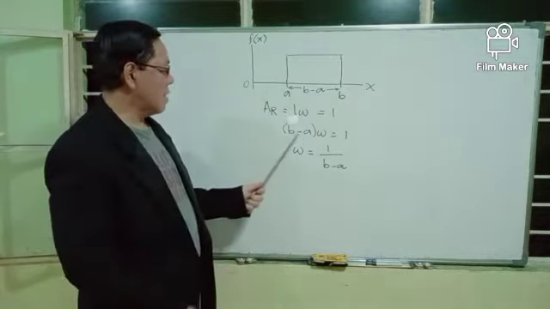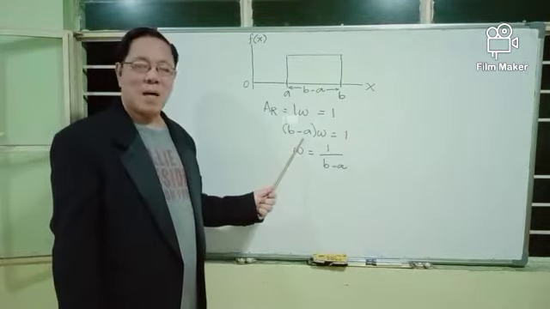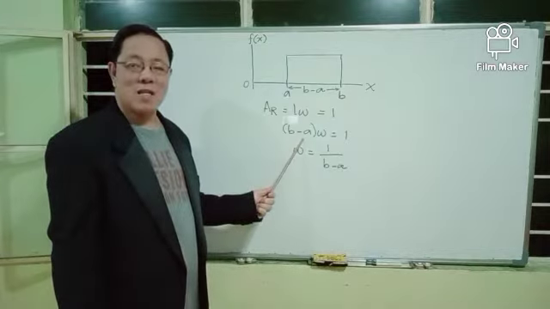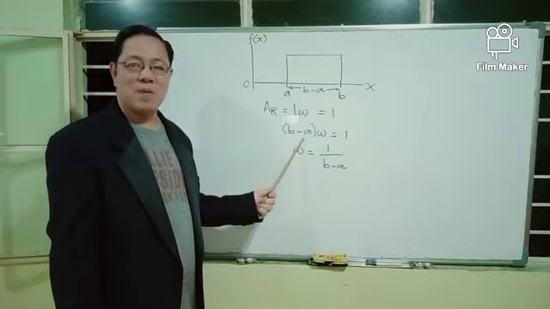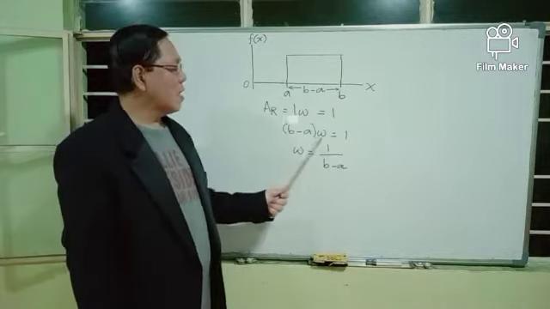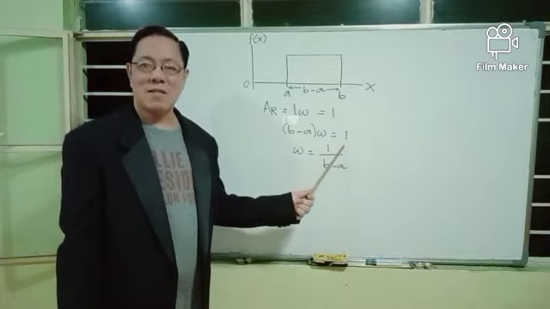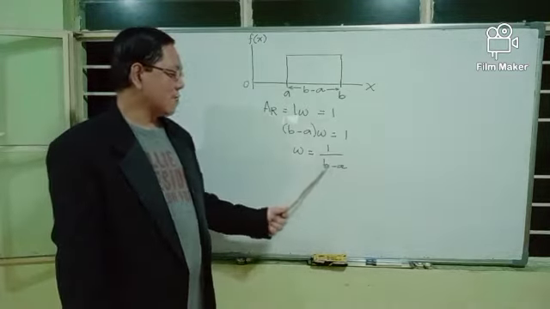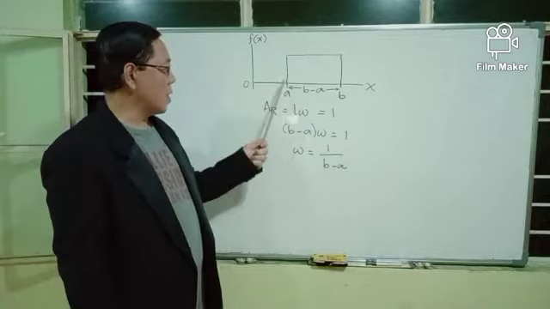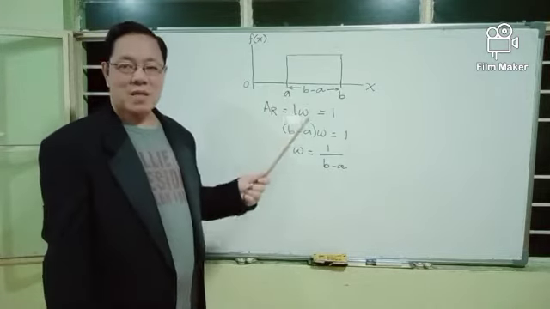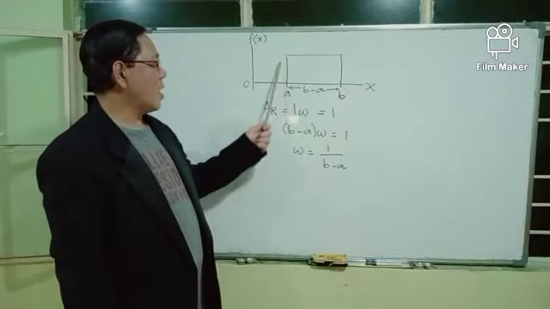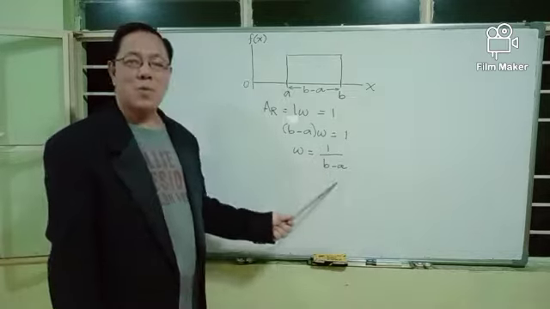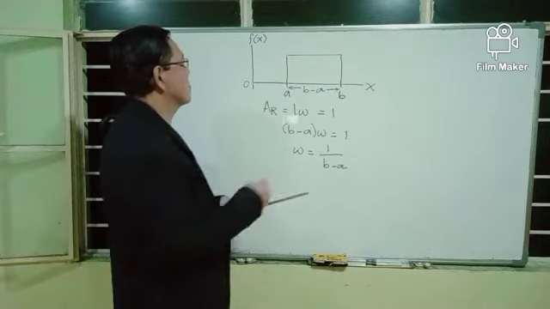We divide the left hand side by b minus a, and b minus a in the numerator cancels out with b minus a in the denominator, and we also divide the right hand side 1 by b minus a. Therefore, w, the width of the rectangle, which corresponds to the height of the rectangle, is 1 over b minus a.